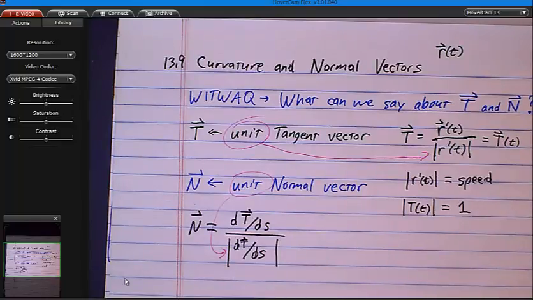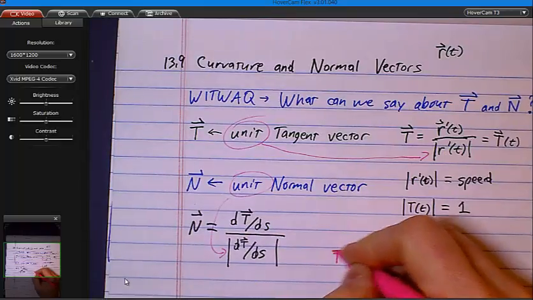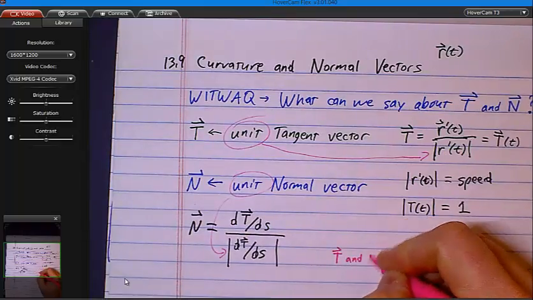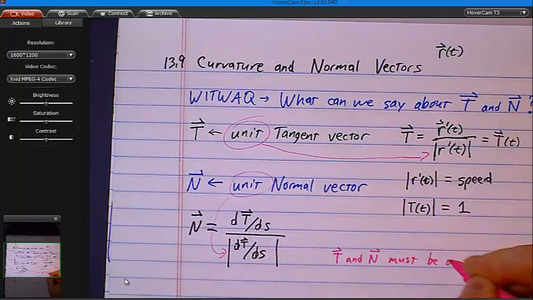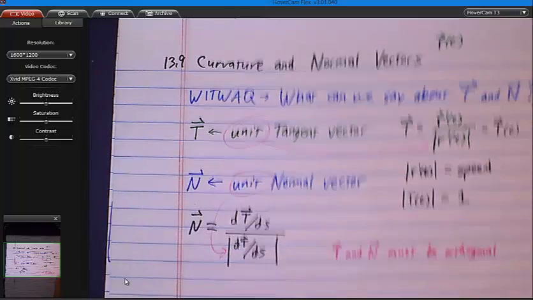And actually, we can prove now, actually we already have proven, once I kind of remind you, the first part, that T and N are always orthogonal, okay? So here it is. T and N must be orthogonal. And why is that?